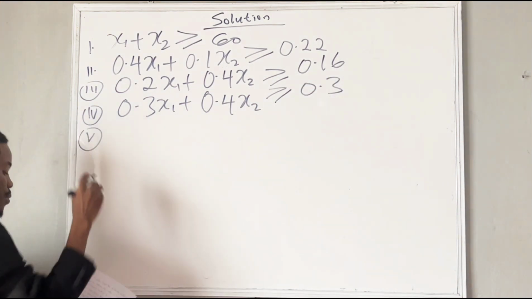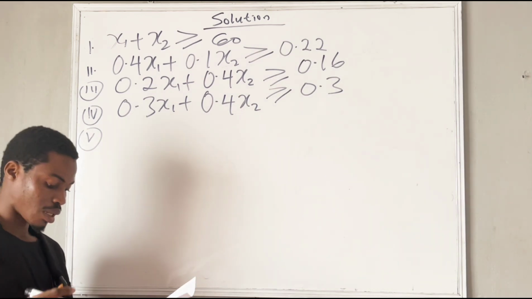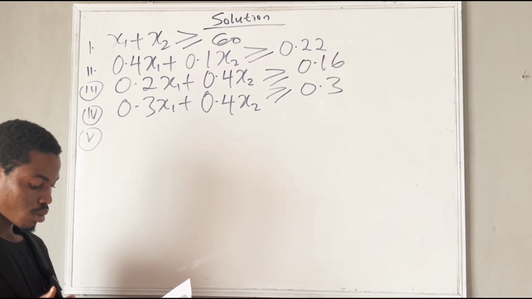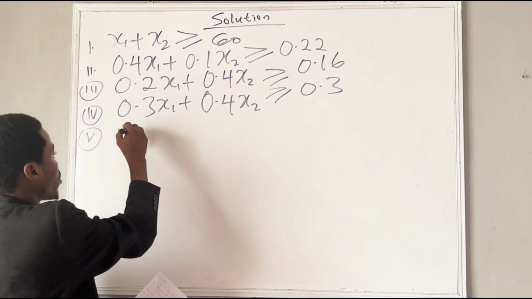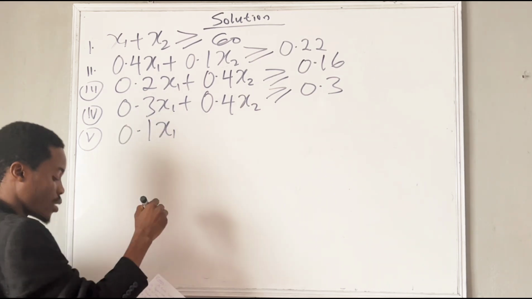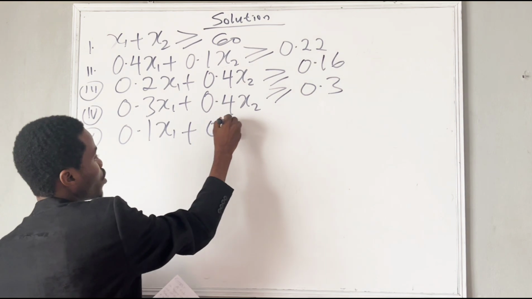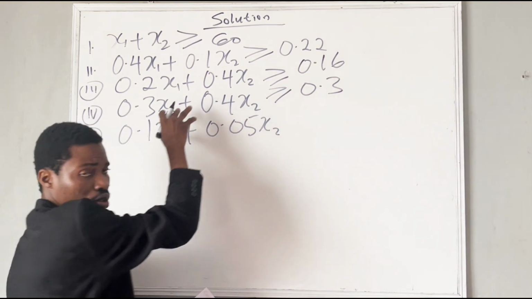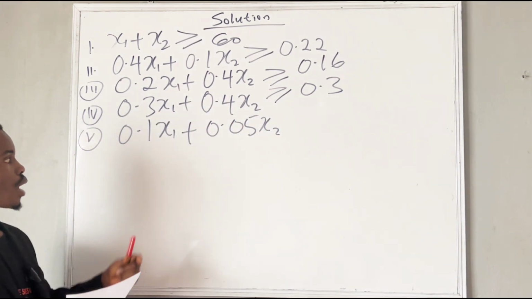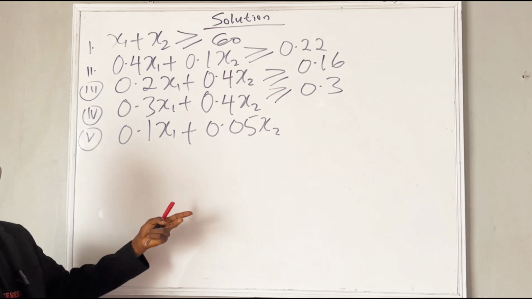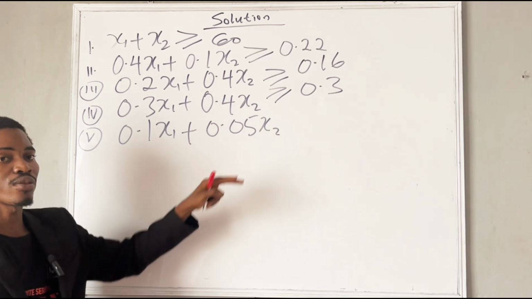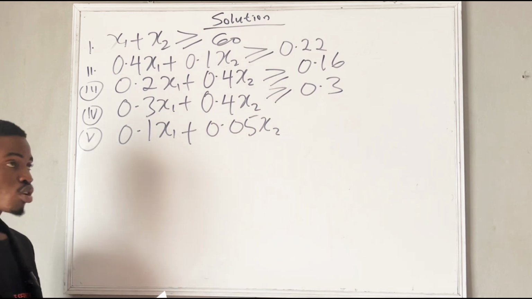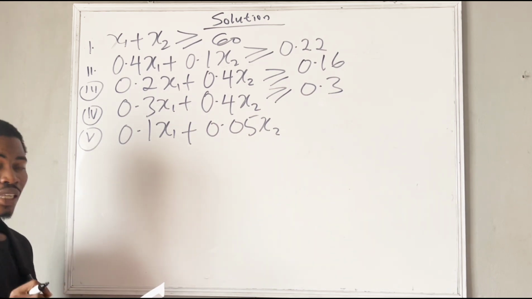Then lastly, it must contain at most 35% lime. So what is our constraint for lime? Our constraint for lime is 0.1 x1 plus 0.05 x2. We have gotten this before. Then the lime costs what? 35%.